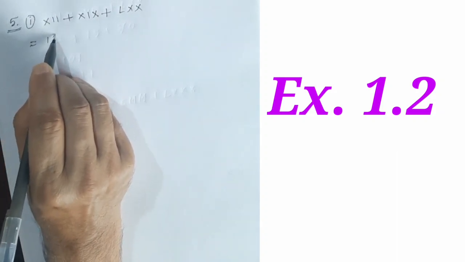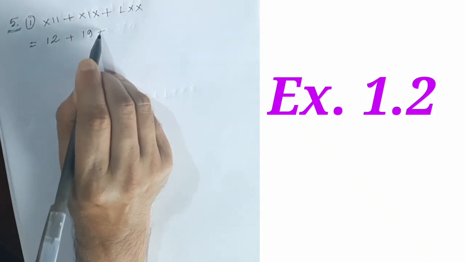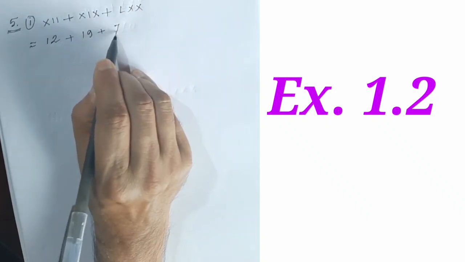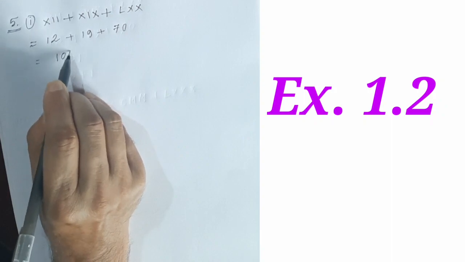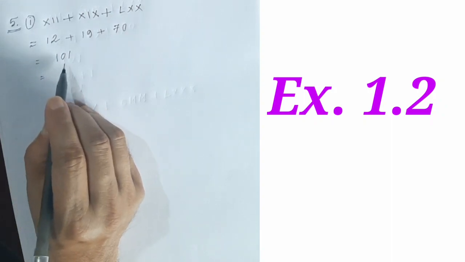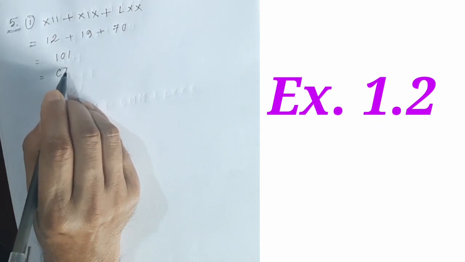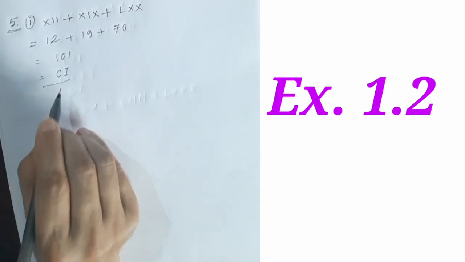This one is 12, plus this one is 19, and plus this one is 50, 60, 70. This is 70. When we add these three, we will get 101. 101, how can we write in Roman numerals? 100 is C and 1 is I. So CI. Okay, this is your answer.